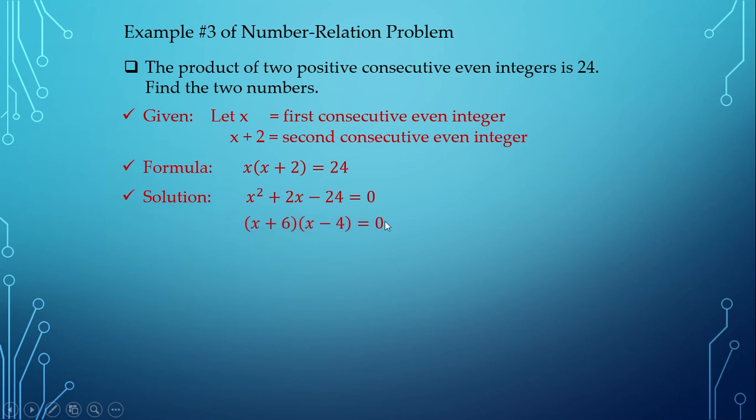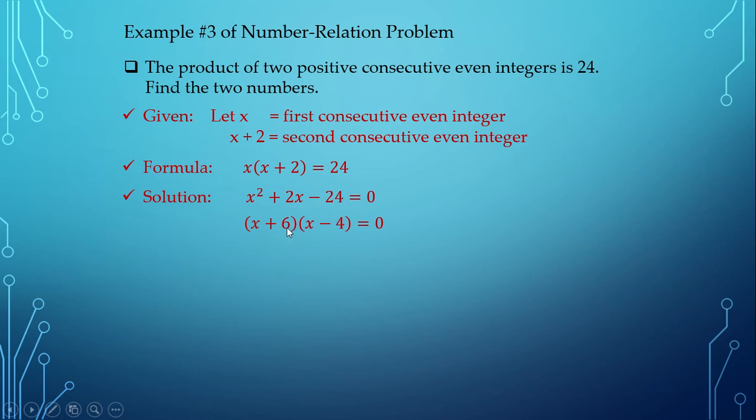I use the factoring method to look for the binomial factors. Again, you can use your own method, like completing the square or the quadratic formula, as long as you are comfortable. But for this video lesson, I made use of the factoring method. So 2x is the sum, negative 24 is the product. The factors of 24 are 6 and 4.